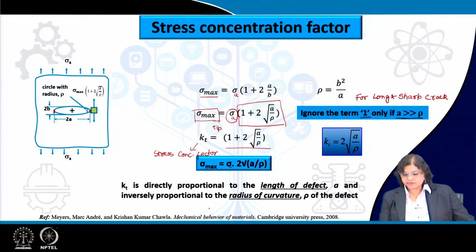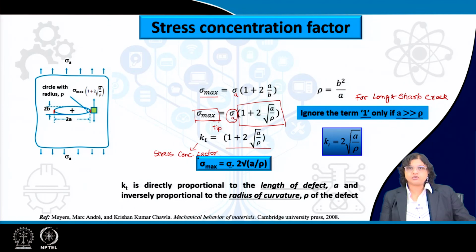So, this also gives us a way to think about and control Kt. We always want to find out what are the ways by which we can reduce this Kt term, because Kt is not a good factor for the presence of a crack. There will be stress concentration and that can lead to early failure. Even if we are applying a lower amount of stress, because of this stress concentration factor we end up getting a very high value of sigma maximum at the tip of the crack, and that leads to failure of the component at a much lower sigma A value, much lower than the actual fracture strength of the material.